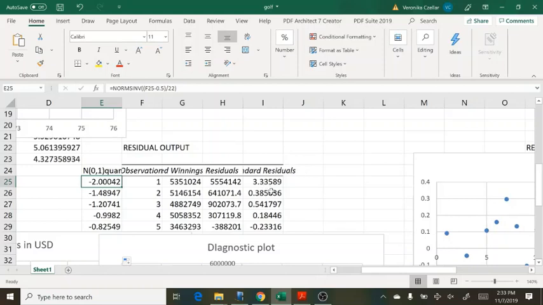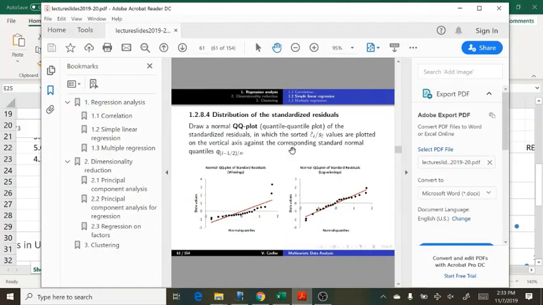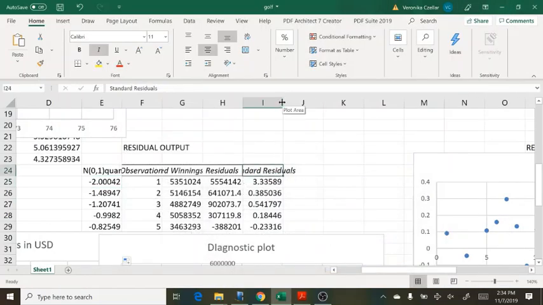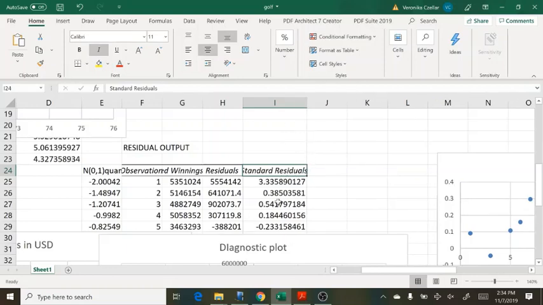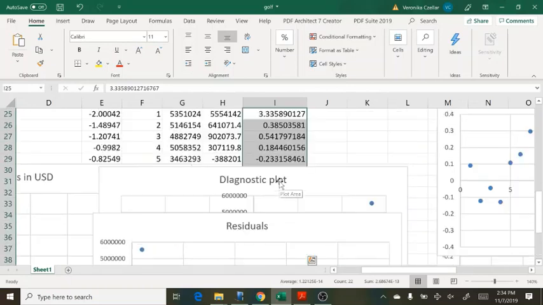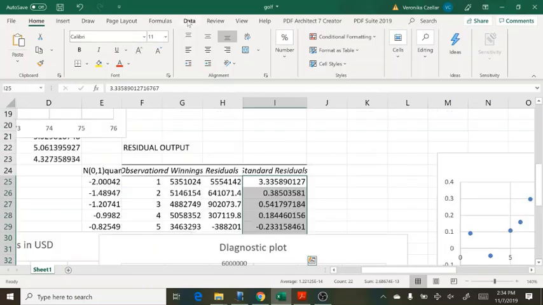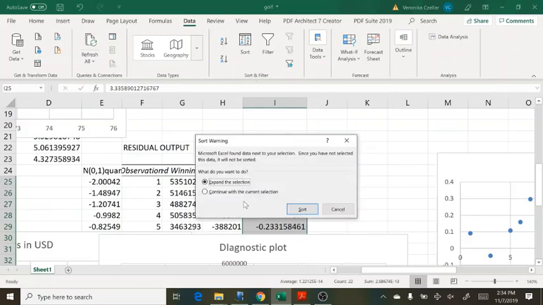And I will plot them against the sorted standardized residuals. Standardized residuals are here in this column, and I want to sort them. So I click on data, I press this A through Z button, and I do not expand the selection. I will continue with the current selection.